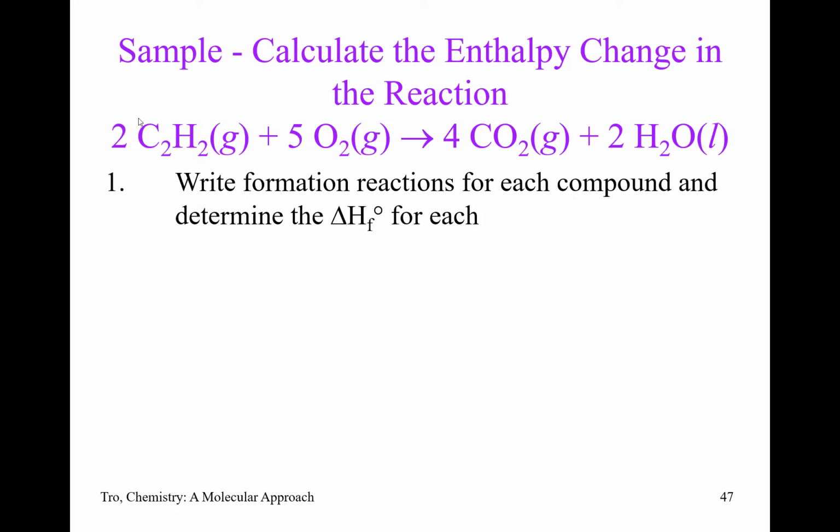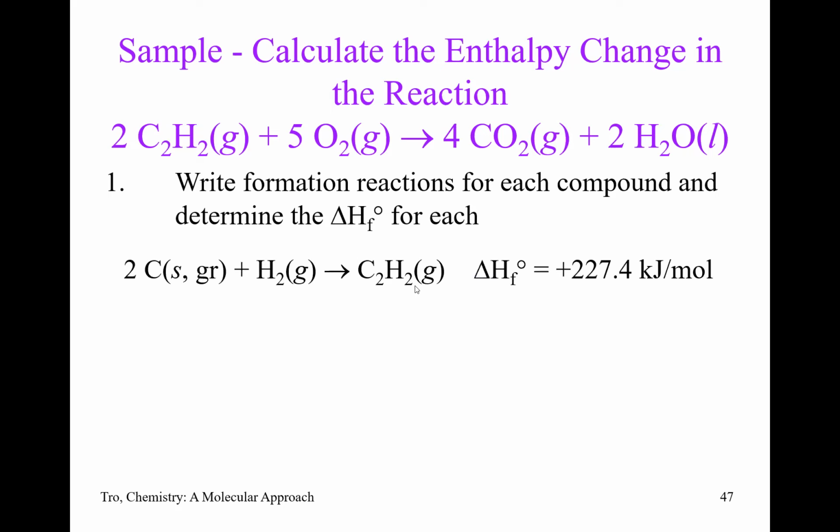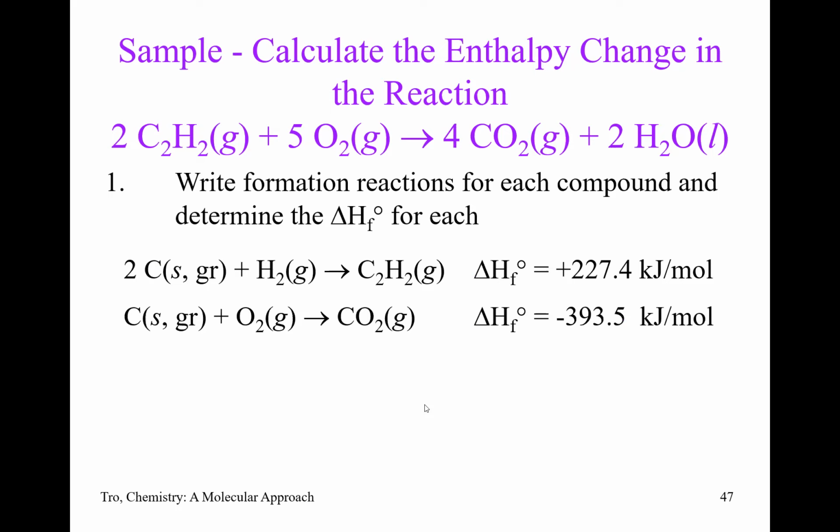We're going to have 2 of them, and then we're going to get that same CO2 and water values back, but times a 4 and a 2 now. First, split apart the carbon into 2 moles of graphite, and 1 mole of hydrogen gas, right? And add those 2 together.